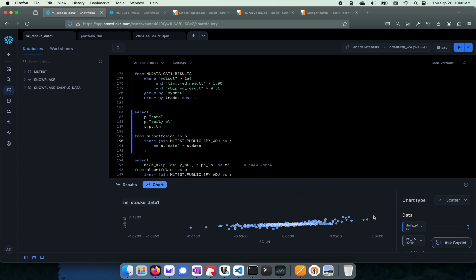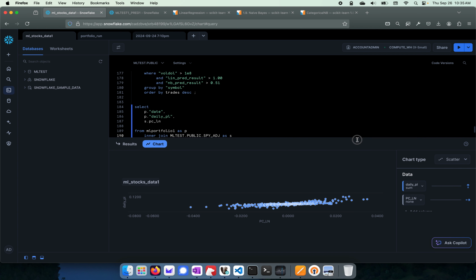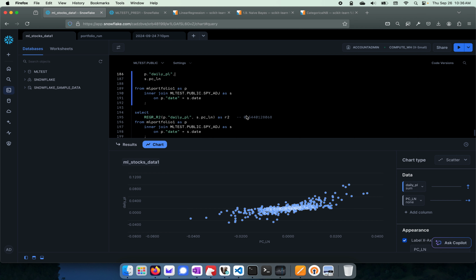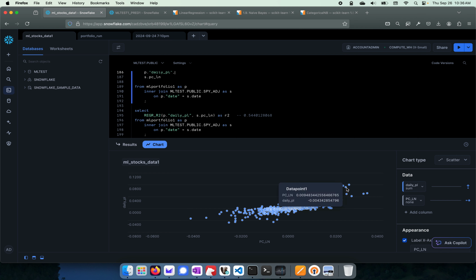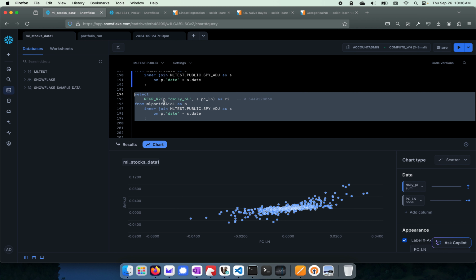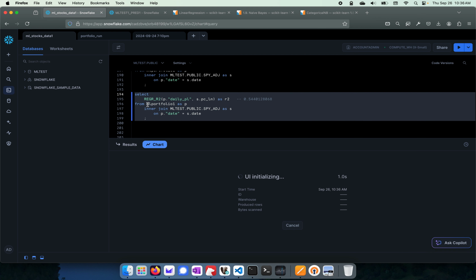You could almost draw a line over here, and here we can see it a little bit better. And we can definitely see on average as the S&P goes up, so does our portfolio. The S&P goes down, so does our portfolio. And if we were to put a number on this, we could take the R squared if we drew a regression line through here, and we can do that numerically through this query.